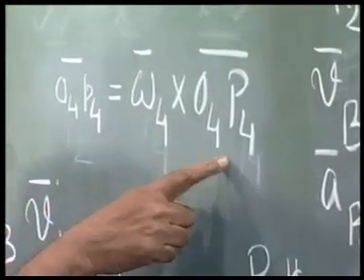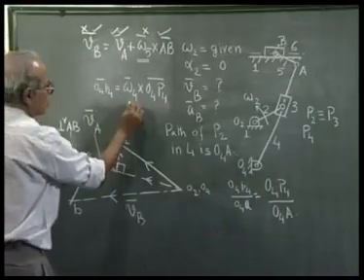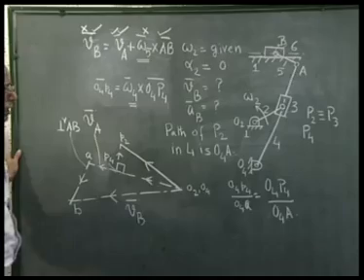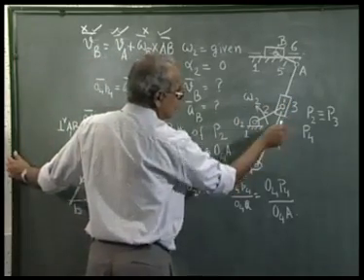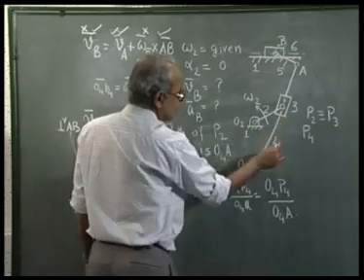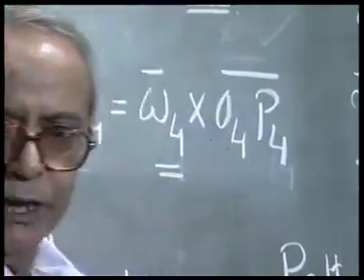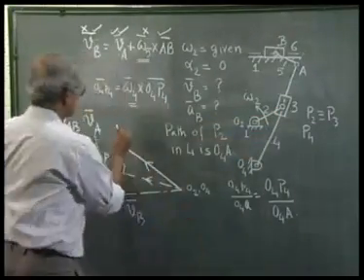Because I know this distance O4 P4 and I know this velocity, I can also determine the angular velocity omega 4. Omega 3 is same as omega 4 because there is only a prismatic pair between 3 and 4, so they must have same amount of rotation. There can be only relative translation. So omega 3 is same as omega 4.